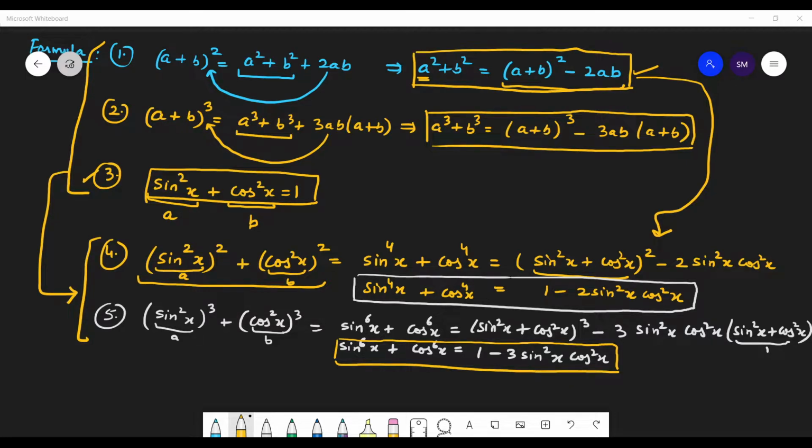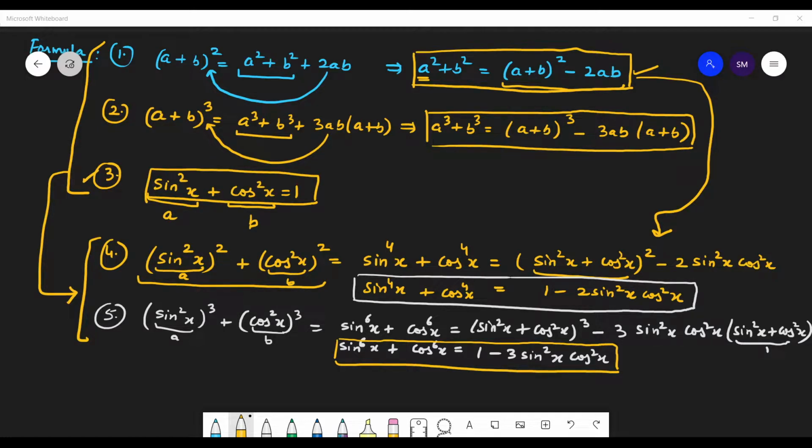Okay. Now what about this? A cube plus b cube, 4 into a plus b, minus, yes, you have just written this formula. So I'm doing the same calculations. 3ab into a plus b. Yes, good.